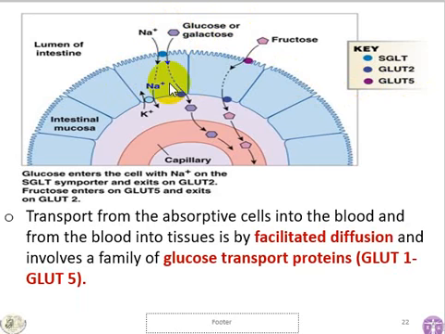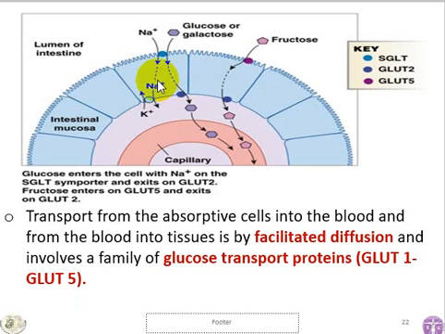The mechanism of this uses the sodium potassium ATPase. When potassium enters the intestinal mucosa, sodium comes out. This process occurs by the action of the ATPase enzyme.